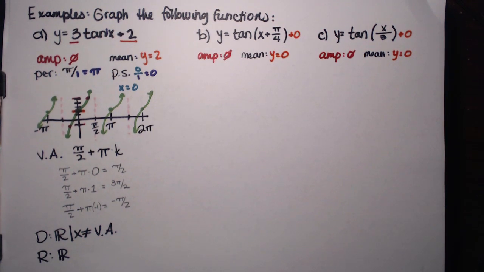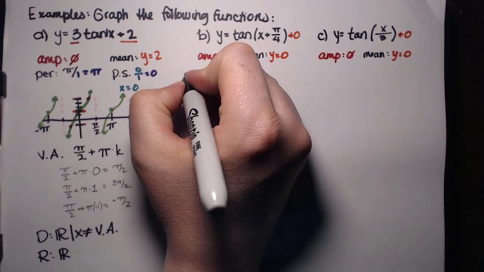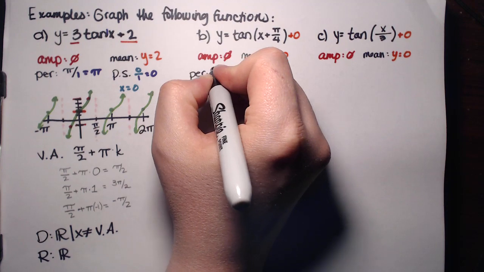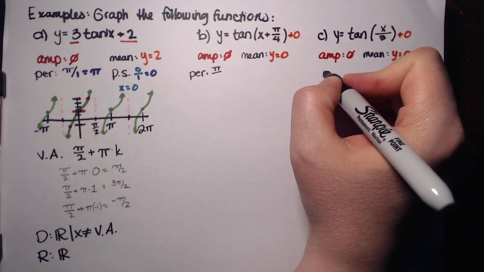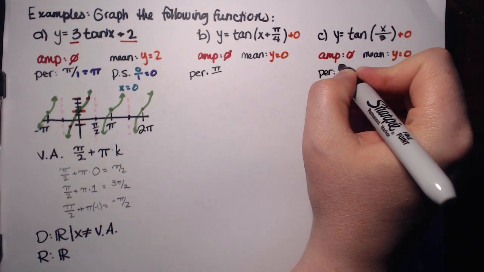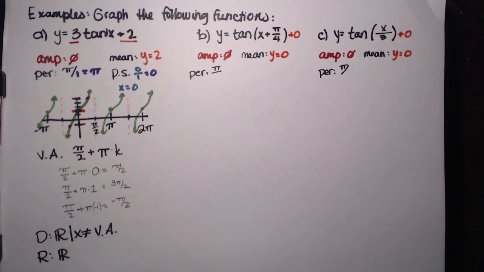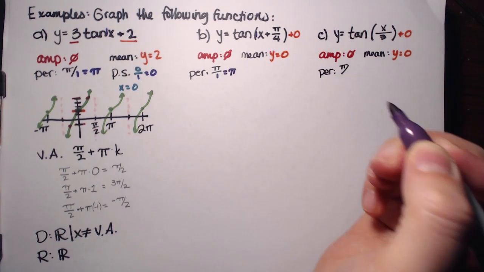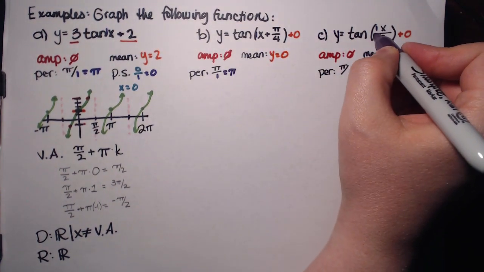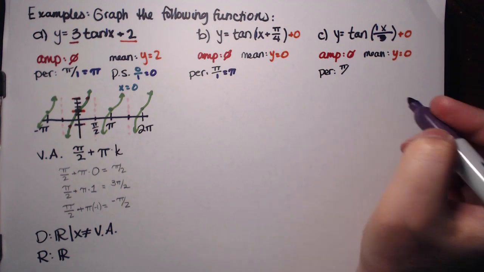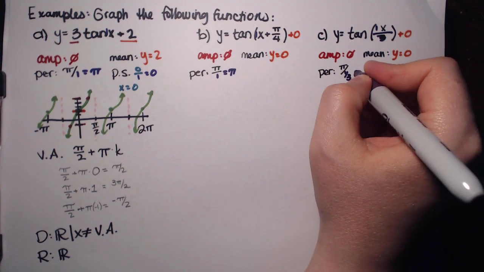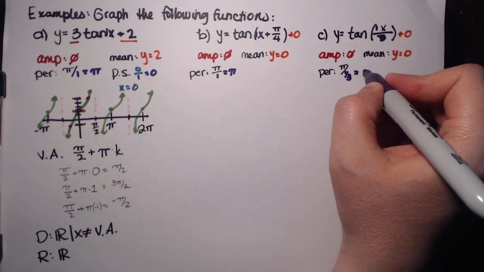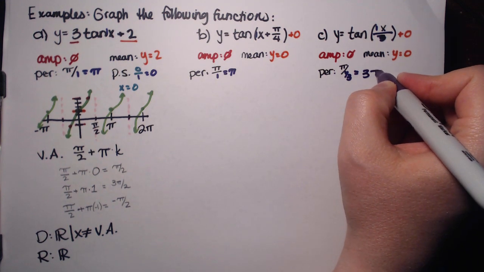Okay, and then the period is pi divided by the b value. And this one, the b value is 1. So we get pi. This one, the b value is 1/3. So what ends up happening is I multiply by the reciprocal and I get 3 pi.